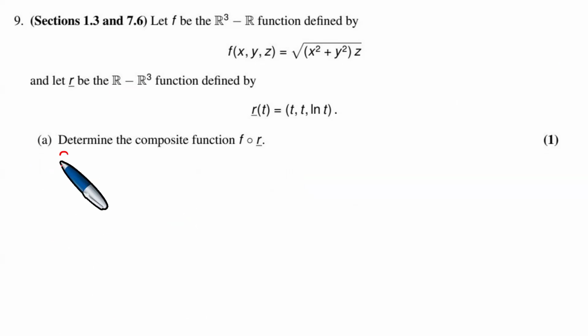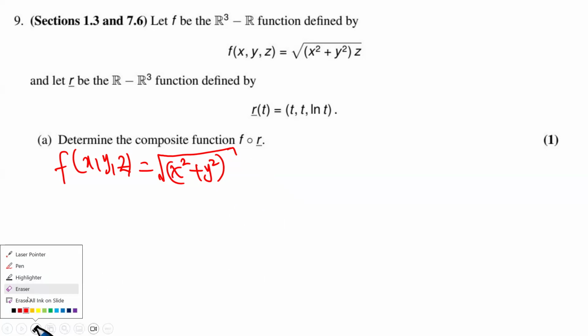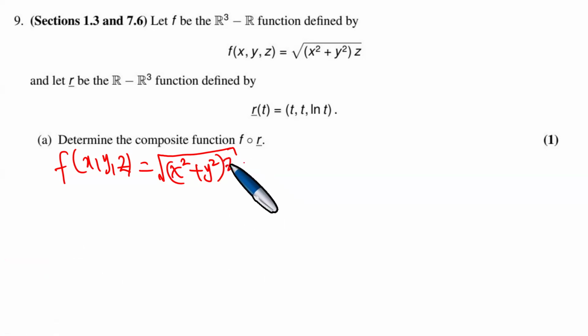First things first, the function f is actually the square root of this one here, and then you have R of t.